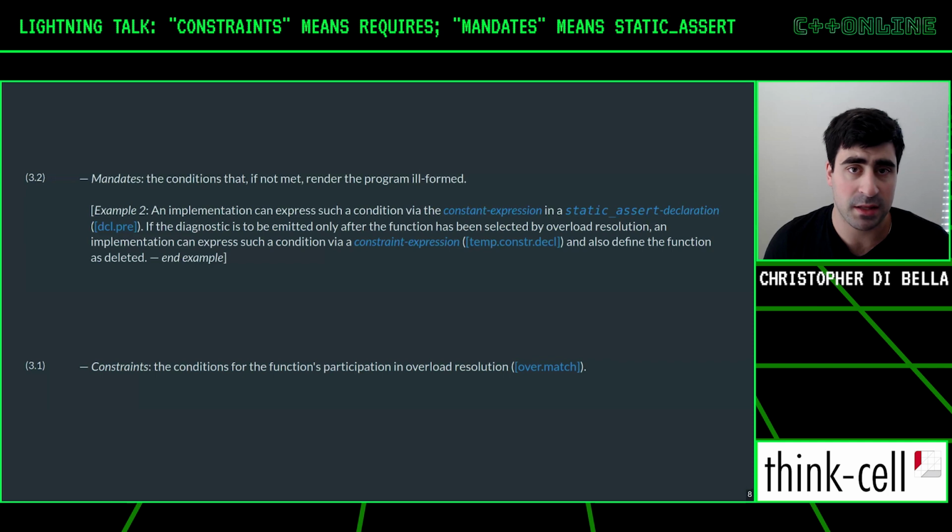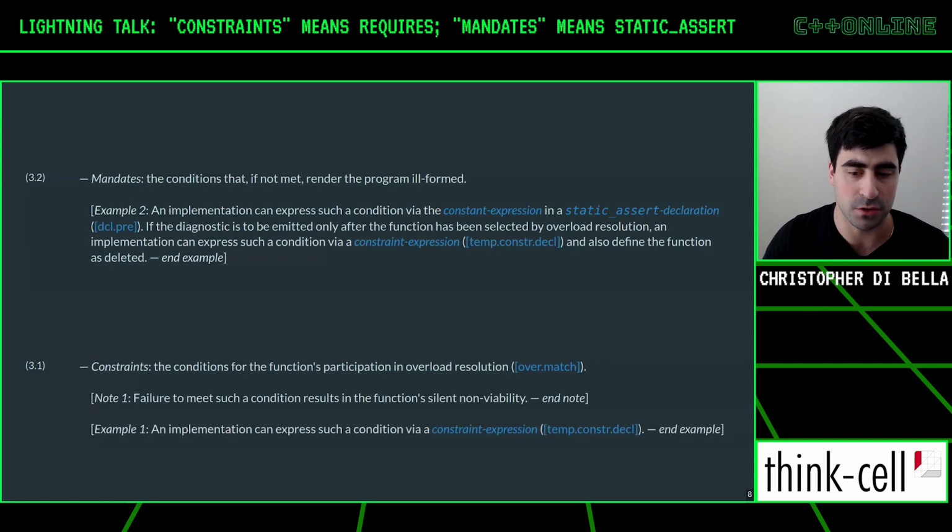This basically means that you can use a requires clause or SFINAE if you're not operating in C++20. So we'll go through two examples, both translating standardese to C++, and that will hopefully give you a better idea of when to use static assert and when to use requires in implementing standard things.